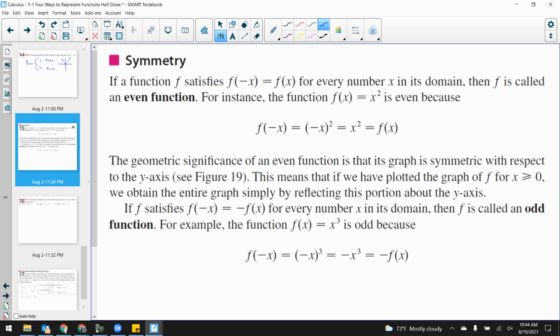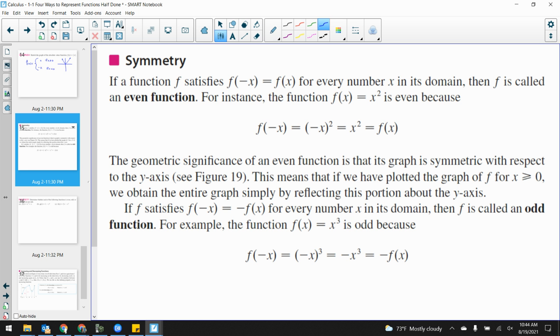You talked about that last year in pre-calc. This symmetry will help us a lot when we start graphing by hand. We know that if it's got some sort of symmetry, then we can use some rules on it. Let's remind ourselves what even and odd functions are. If a function satisfies this rule, f of -x ends up being f of x, then it's even.